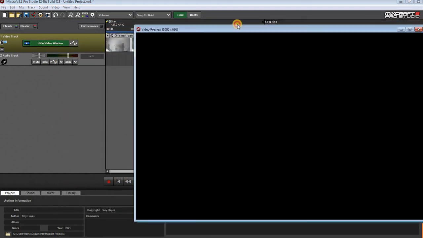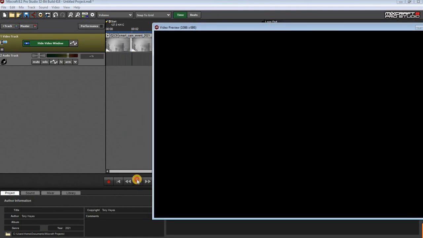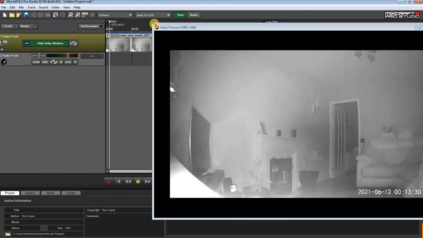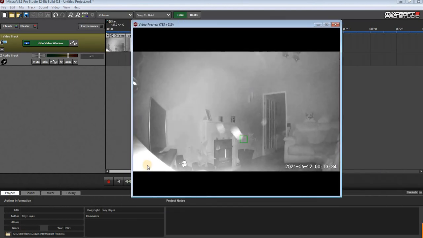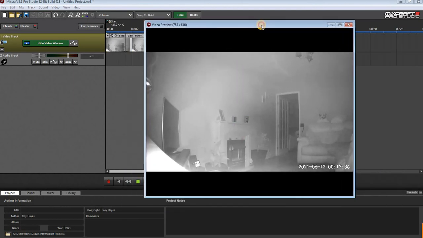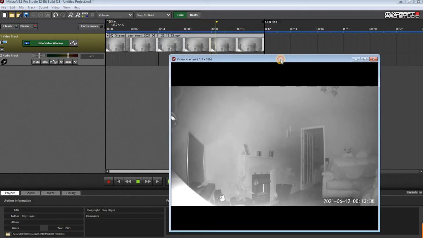Right, we'll look at it in normal speed at first. That's quite a disturbance. What's caused that to occur?